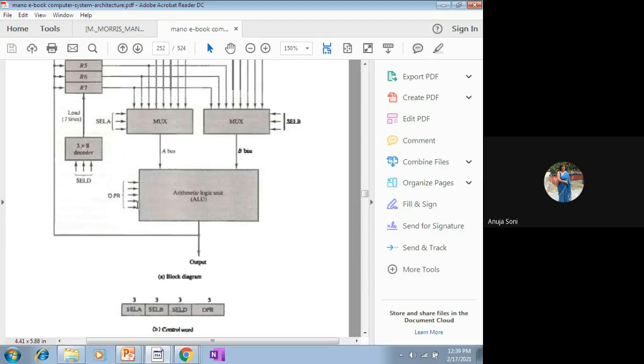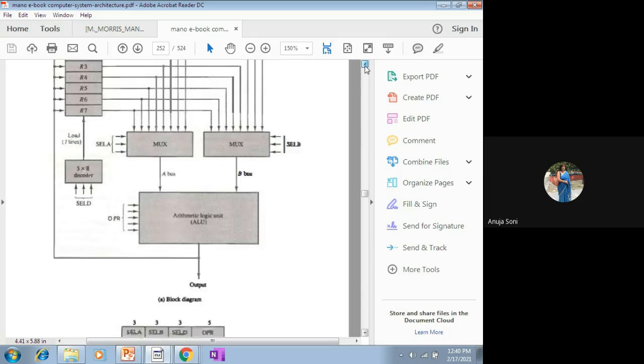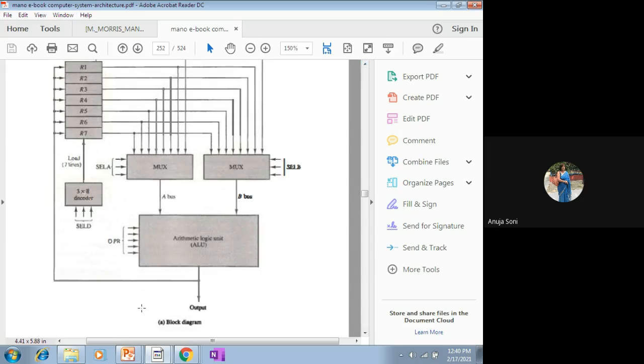And now once that operation has been performed by the arithmetic logic unit, the output will come out, and this output will be stored back into some of these registers. Again, there will be a decision about which register has been chosen.